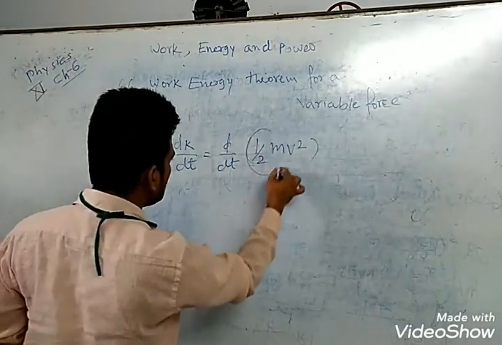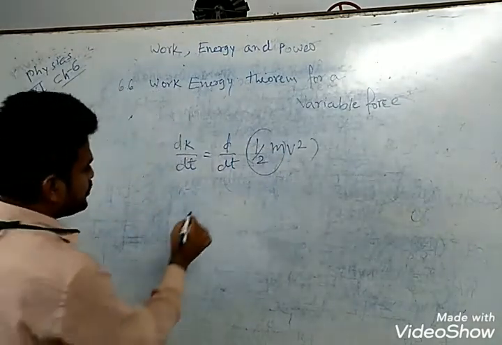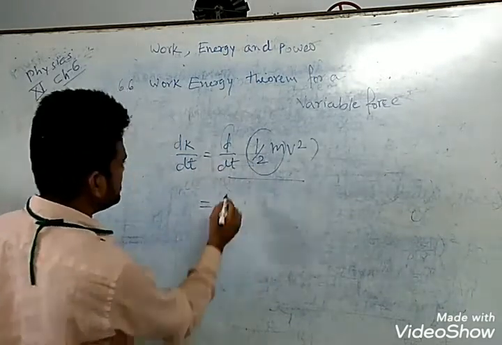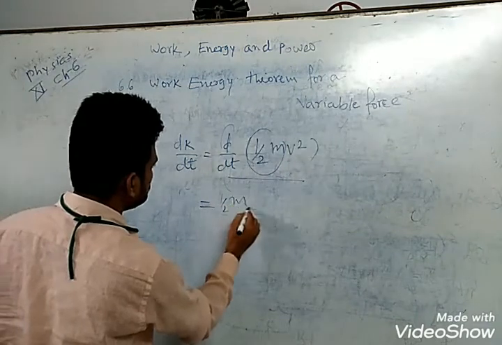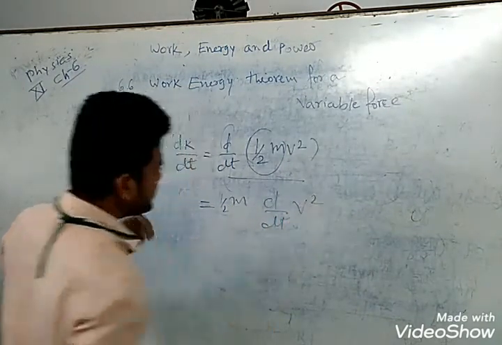Here 1 by 2 and m are constants, so we differentiate: 1 by 2 m into d by dt of v square.